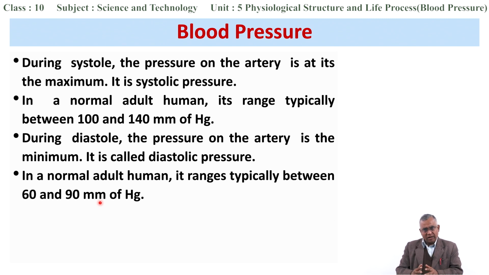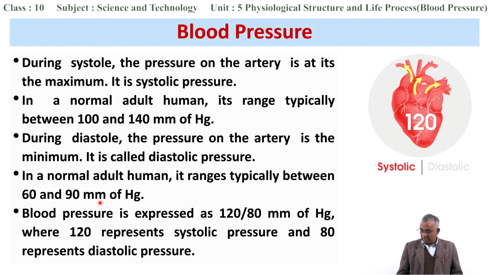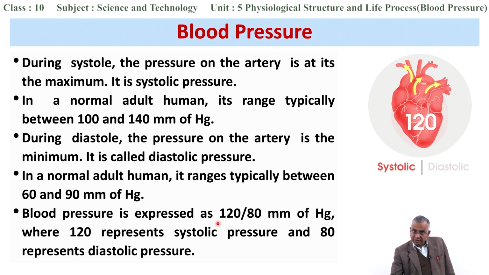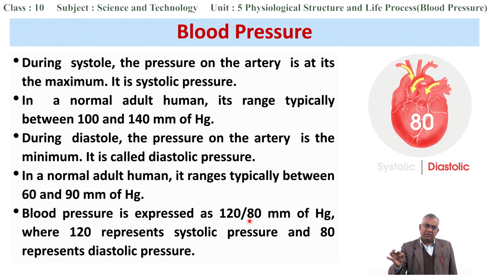And what is the standard blood pressure? The common standard blood pressure is 120/80 mm of Hg, which is shown here in this animation. Systolic is 120, diastolic is 80. Somewhere instead of the slash, a dot or hyphen is also used.